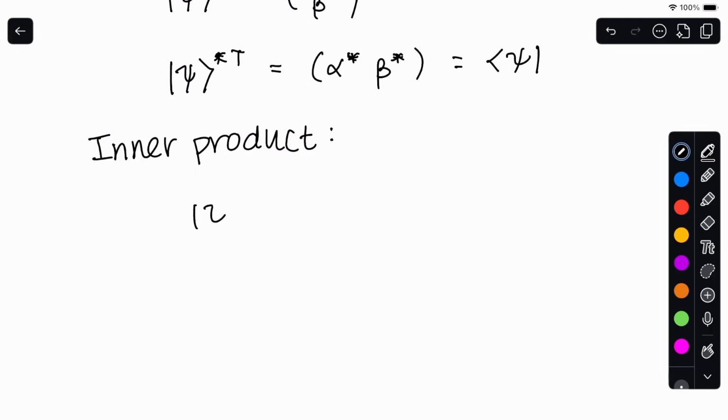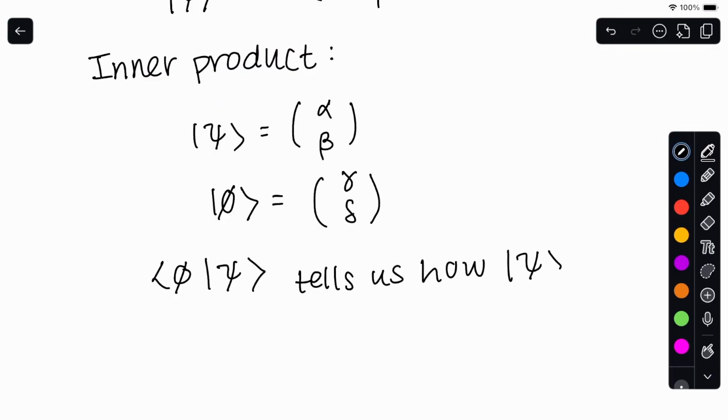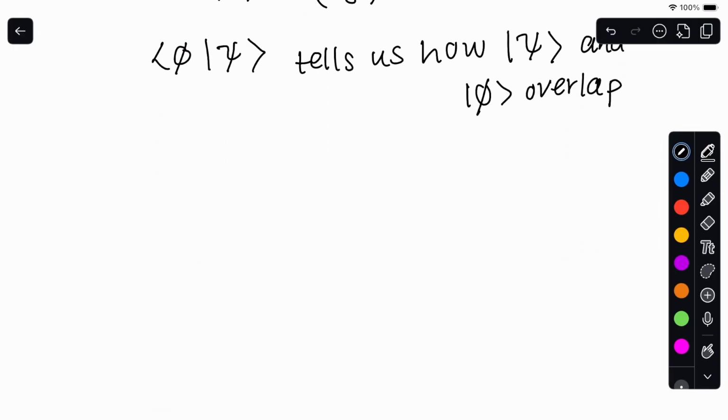So if we have our ket psi, and we have phi, which can be gamma, delta, then the inner product of phi and psi tells us how much psi and phi overlap, in the same way that the dot product of two vectors gives us a notion of how much they overlap.